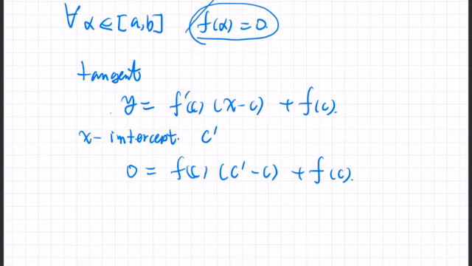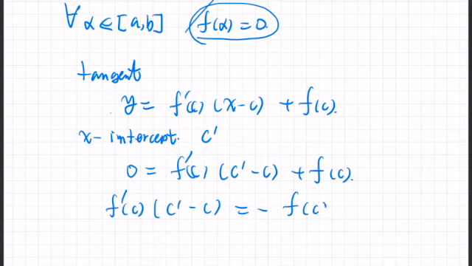If we solve this, let's do it step by step. So f prime of c times c prime minus c is negative f of c. If you divide both sides by f prime of c, we have this.